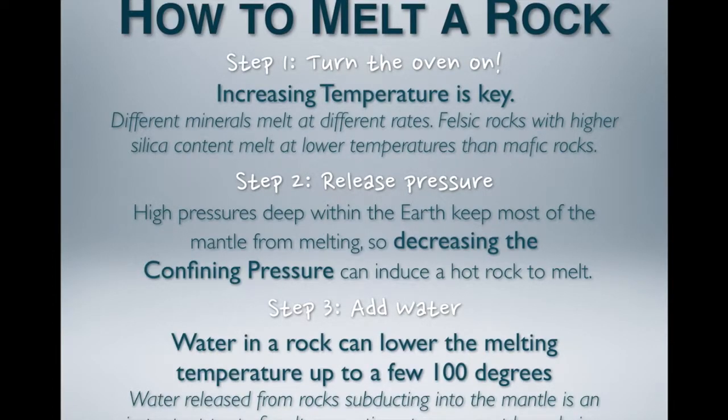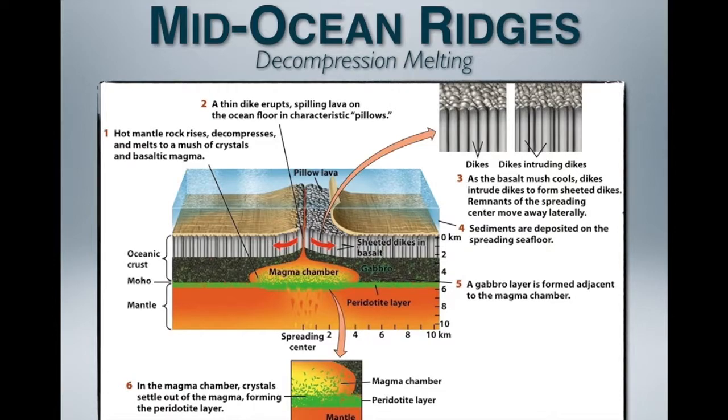So let's look at a couple of different areas this can occur. So in a spreading ridge, what we get is decompressional melting. So you have a magma chamber of mantle material that is already quite warm and hot and is behaving plastically. Again, it is able to move and flow, but it's still a solid.